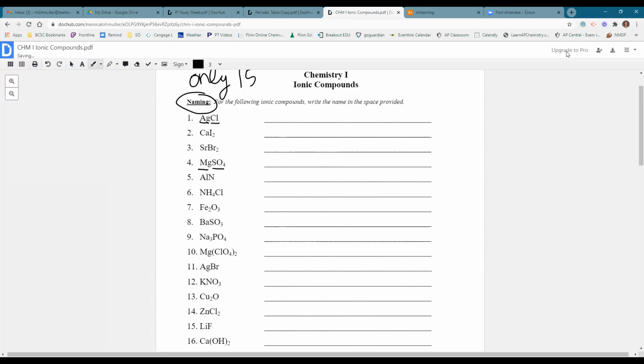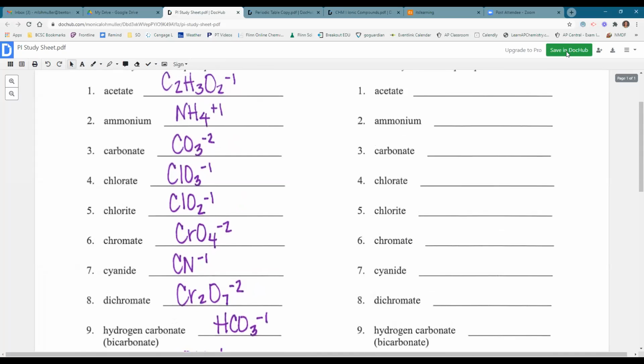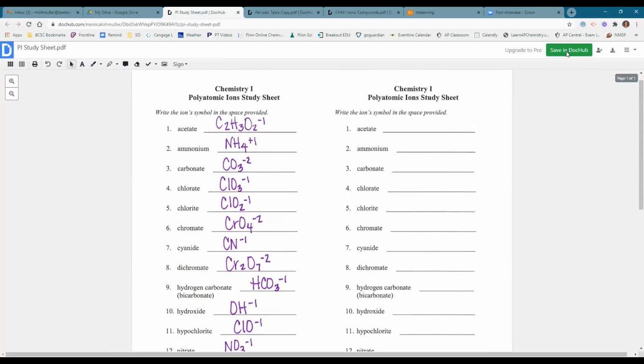And so I'm not requiring this normally. If it wasn't COVID, I would require you to take a quiz and memorize different things that are called polyatomic ions. Remember we drew the Lewis structures of these. So this sheet is found on the chapter 9 page, and you're going to want to have this list handy.